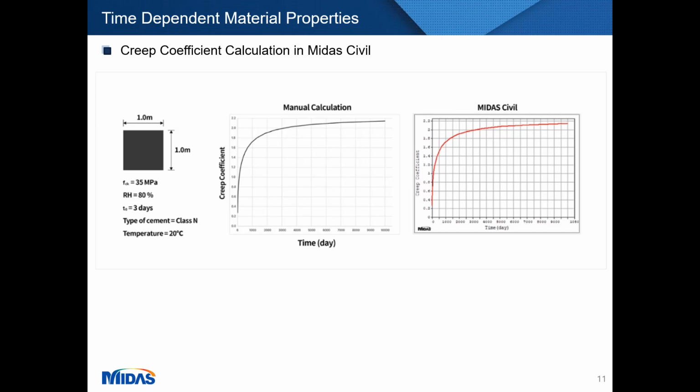You can see the creep coefficients match almost exactly as per the manual calculation and as per the calculation prescribed in Eurocode. Now next, look at the shrinkage strain calculations.